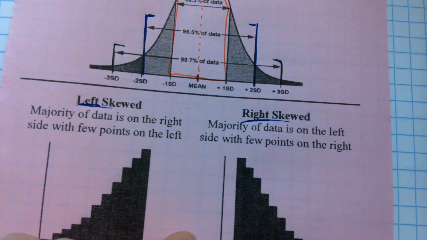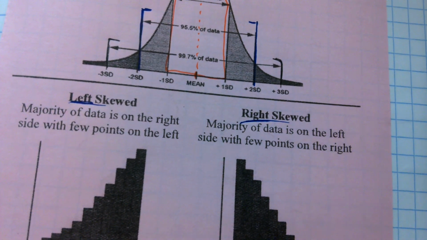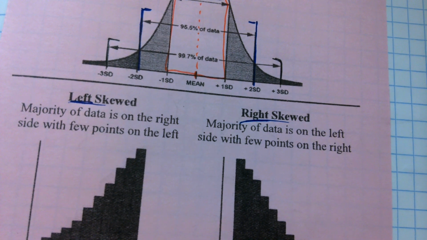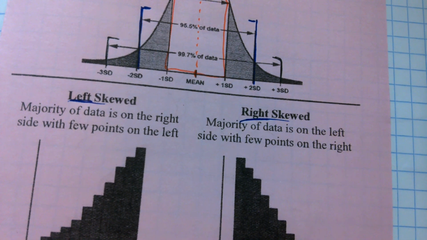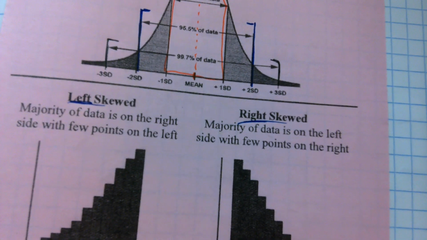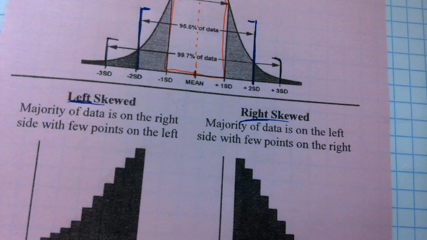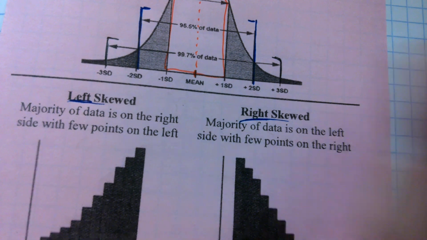Now on the opposite side of that, some skewed data. This is left skewed data, right? This is the age at death for Australian men. Okay, you guys see that? Why is this one not a normal curve? It's more to the right. Why is it more to the right? Because more people will die older as they get older, right?